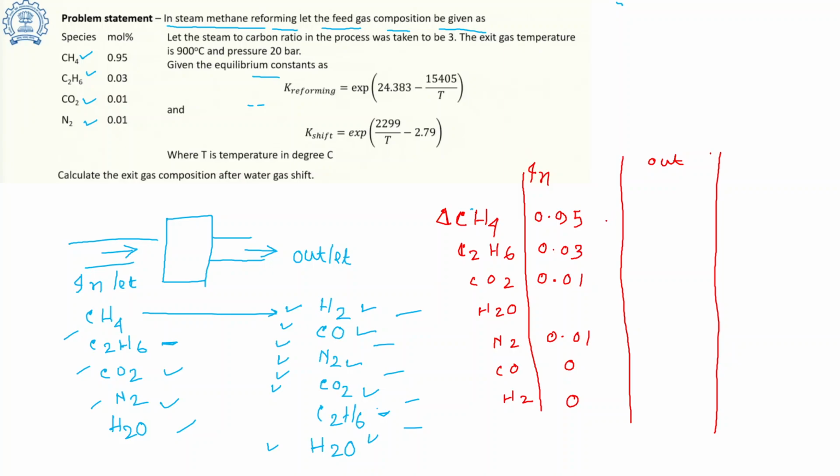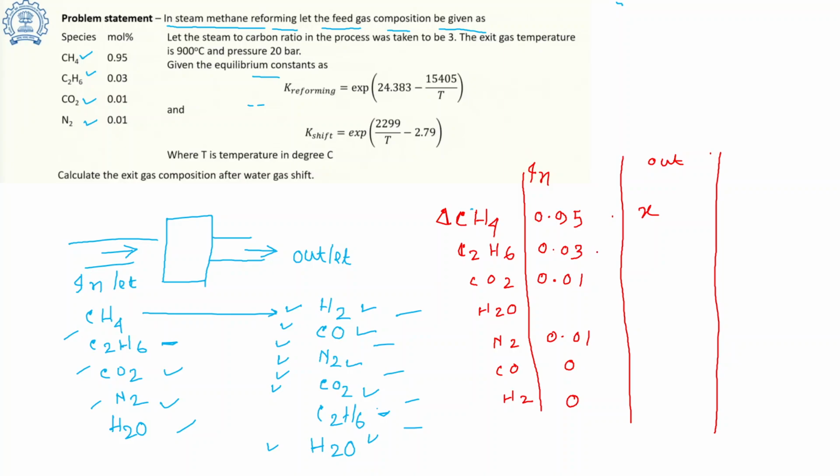What is the outlet of the CH4? As we know, all the methane conversion does not happen in the SMR reaction. So something will remain as methane and something will be converted into hydrogen. So let's assume that x moles of methane will come out from the reaction chamber.